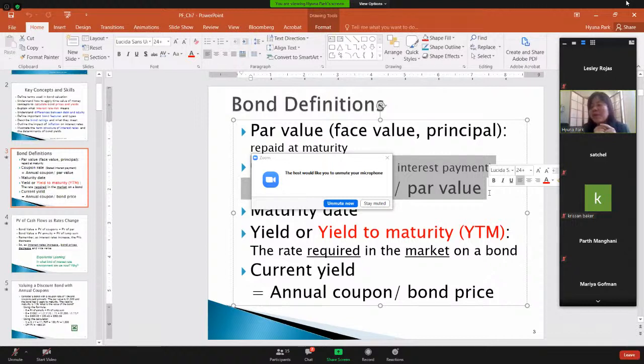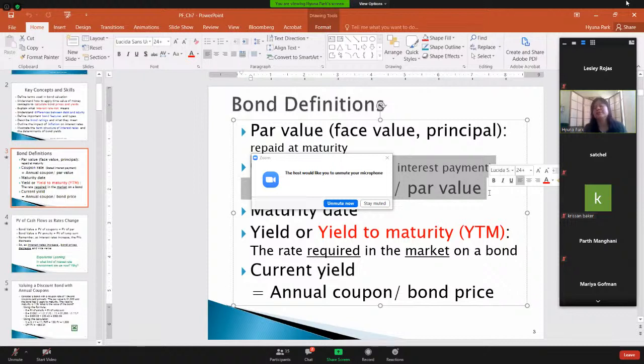So for example, if you purchase a bond that has a par value of $1,000, that's paying $40 every 6 months. So what's the coupon rate of this bond?